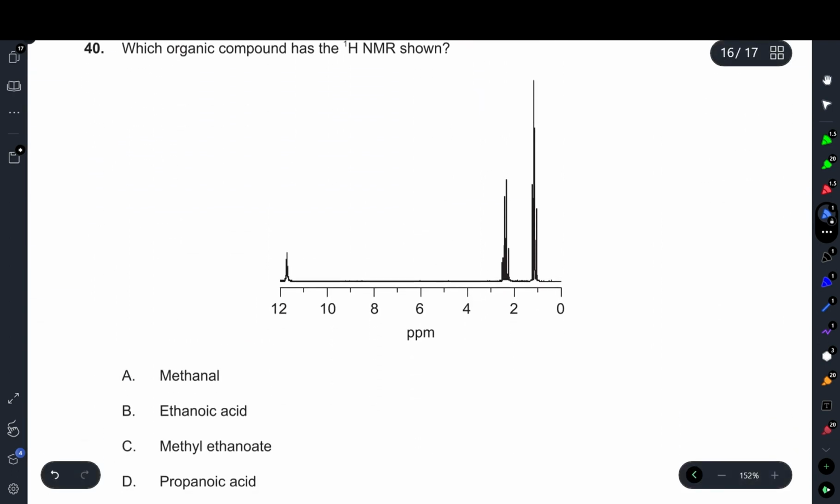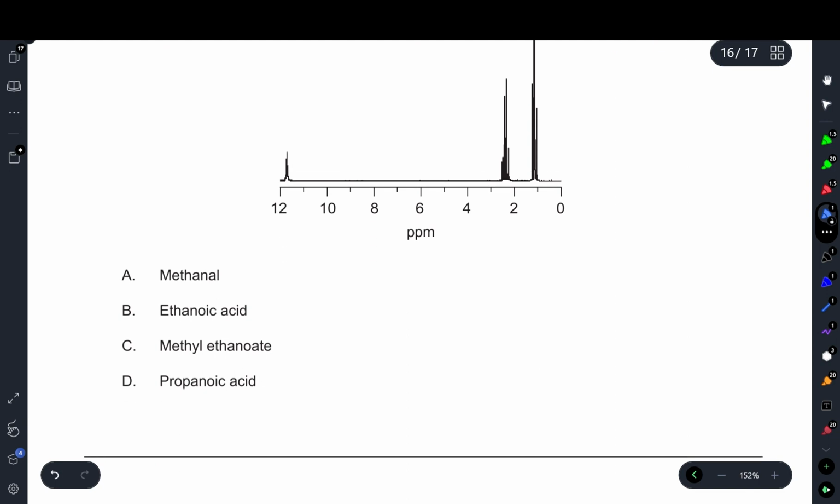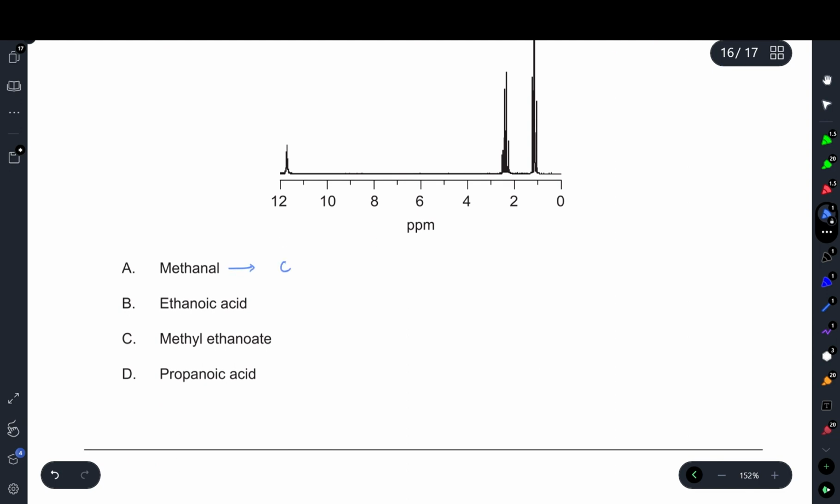Finally, question number 40. Which compound has the hydrogen environment shown in the HNMR graph? So the easiest way to do this is first identify what you see. You see 3 hydrogen environments. So let's go ahead and draw these out. This gives you CH, double bond O, H. This has only 2 hydrogen environments.